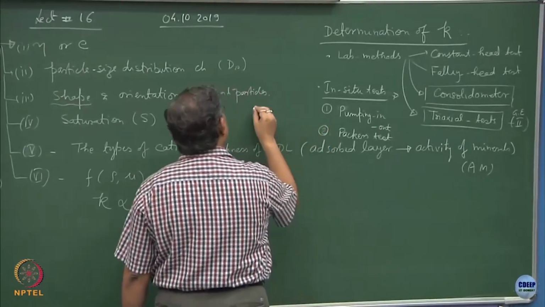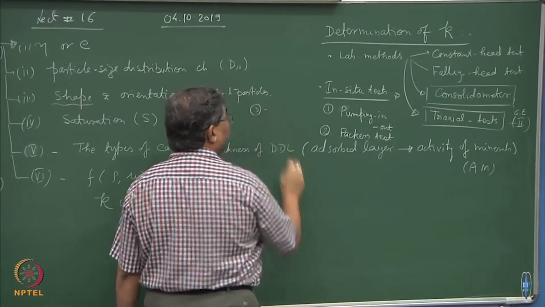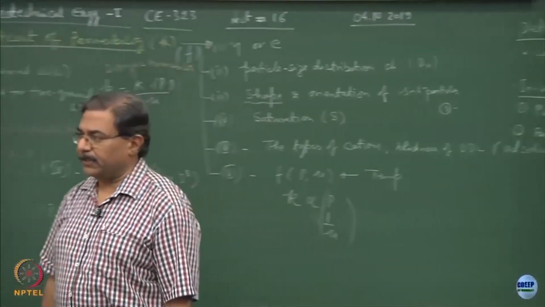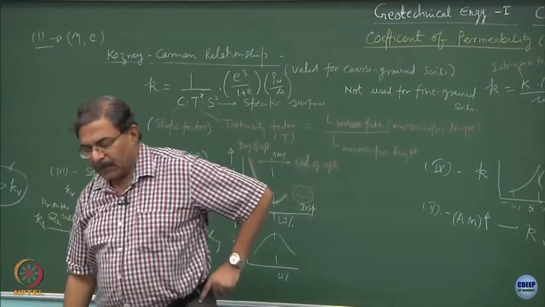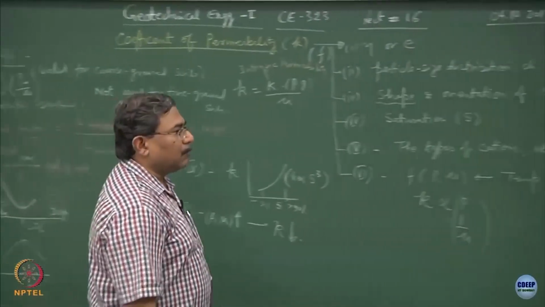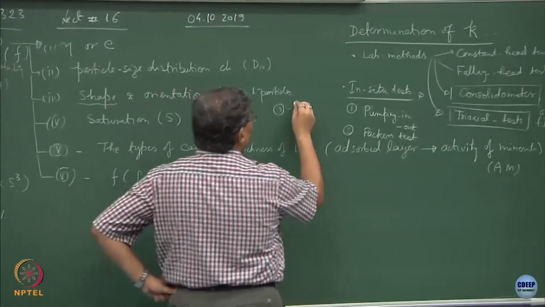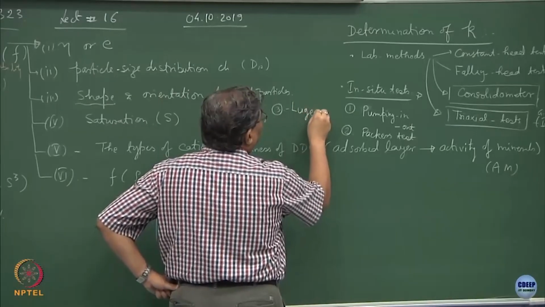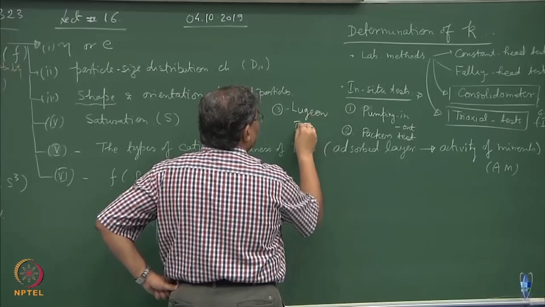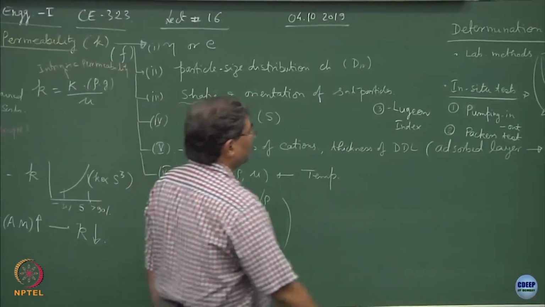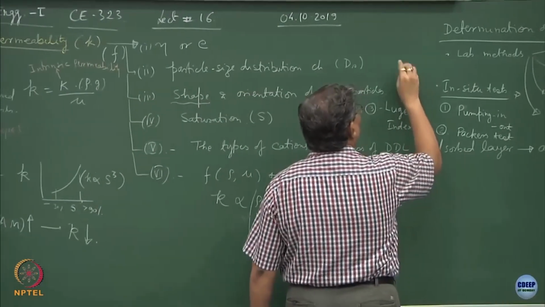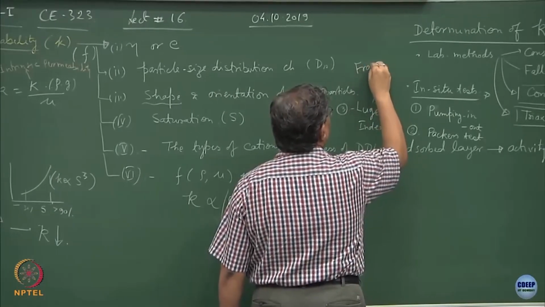There is another interesting way of defining the permeability of the formations under in situ conditions, particularly for those of you who will get a chance to work in deep excavations in rock mass, would be the Lugeon test. We call this the Lugeon index. So, this is what is used for fractured rock mass.